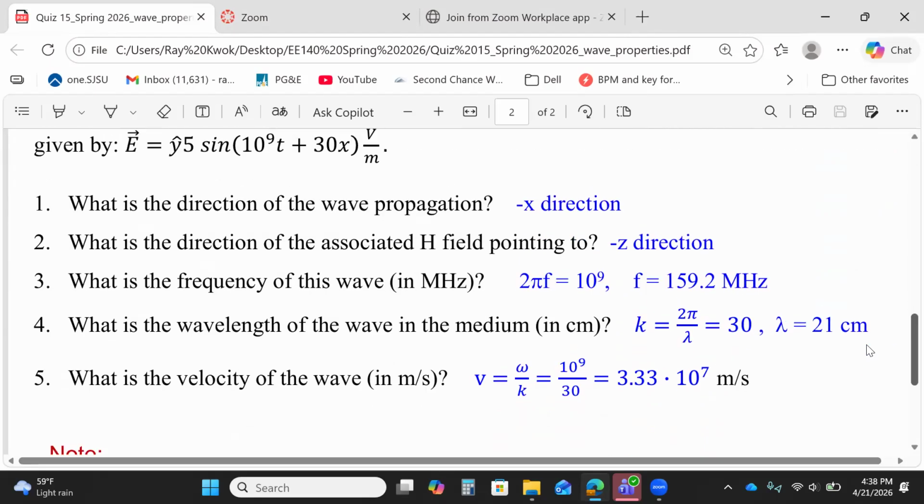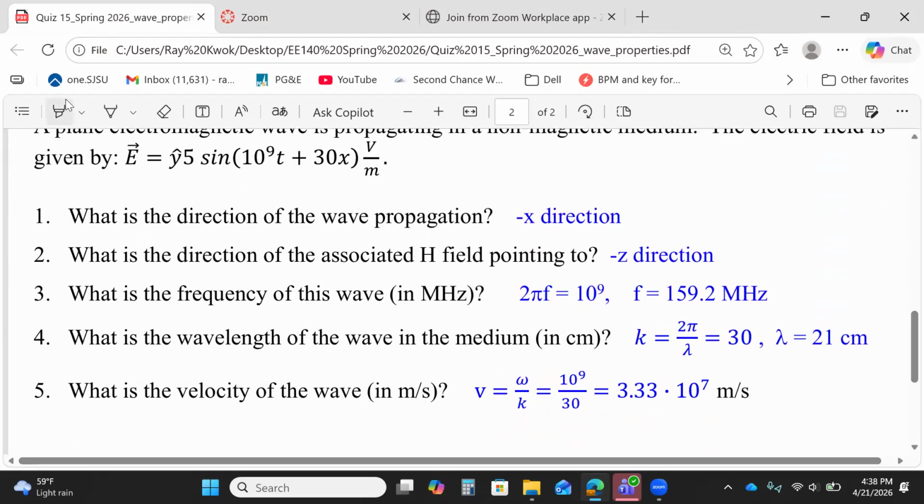So the answer, looking at the wave equations, this is plus 30x, so the propagation direction is negative x direction. This is in y direction, and I know E cross H is k.